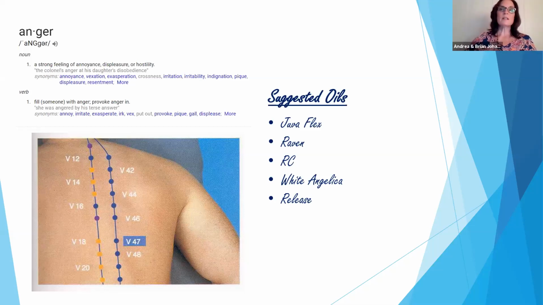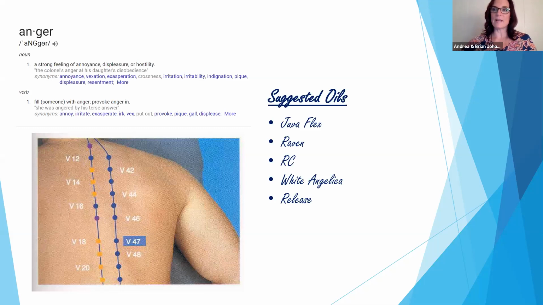So using JuvaFlex on your liver, when you are trying to support your body in handling the emotion of anger, why is it a great place to apply the oil? What's the connection with the liver? Oh, in this place? Do you mean in the acupoint that we're seeing right here? No, I'm sorry to not be clear.